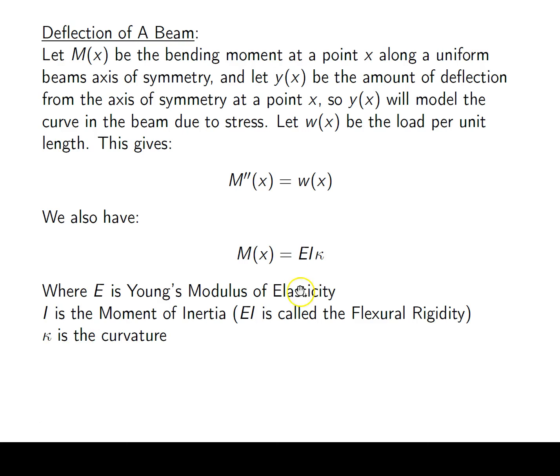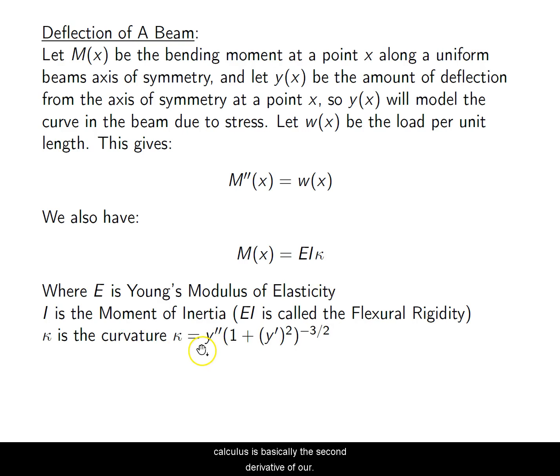Kappa is the curvature. You should have learned this in Calculus 3. In Calculus 3, we talk about curvature a lot. You talk about the tangent vector to a curve in 3 dimensions, the curvature of an object. So it's the same exact formula from your calculus.